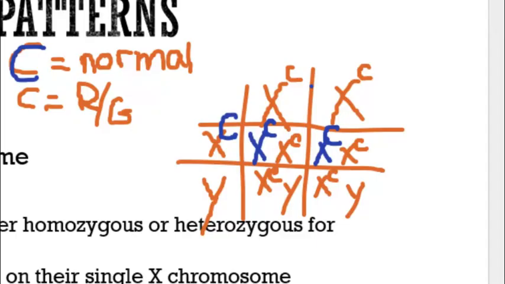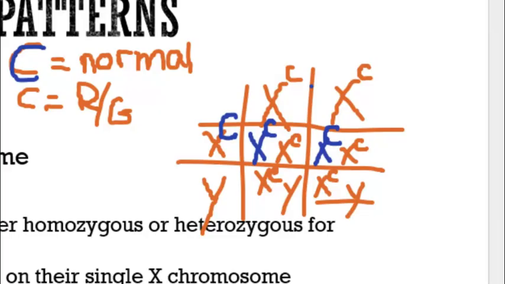What about the sons? The X and the Y represent our males. Whatever's on the X chromosome will be expressed. There's nothing comparable on the Y chromosome, so we're not putting any allele on the Y at all. So we got an X with a lowercase c, nothing on the Y, so they will show red-green color blindness. Same thing with this individual over here. They have the recessive allele for red-green color blindness.